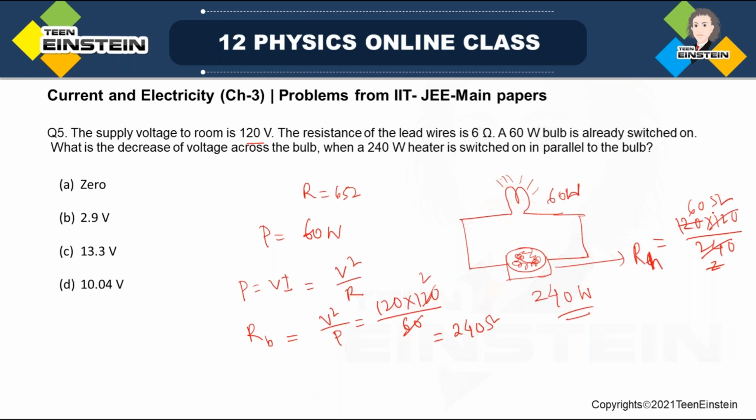If I get the resistances, what can we do with that? These are parallel to each other, right? The heater resistance and the bulb are parallel to each other.